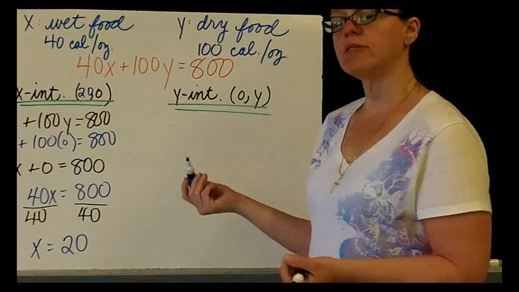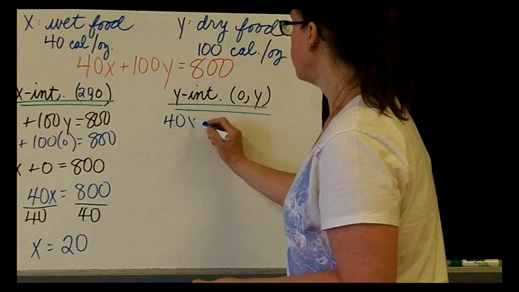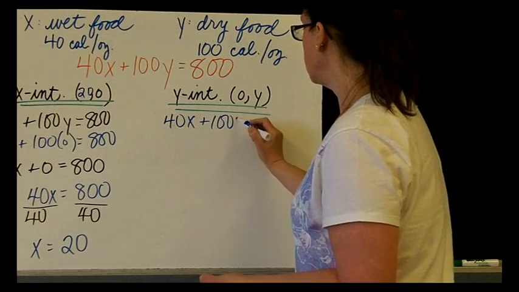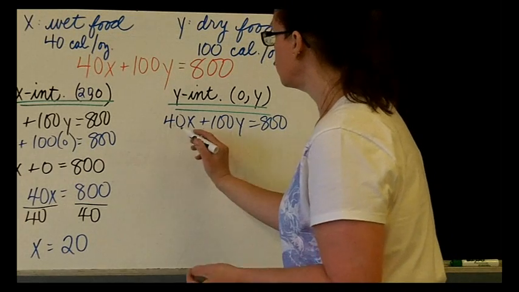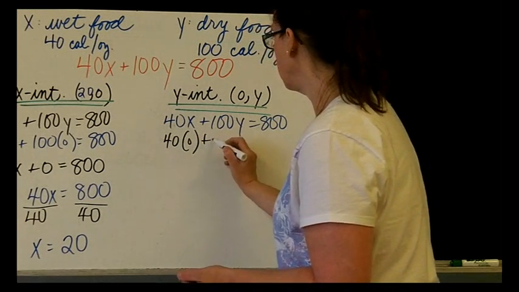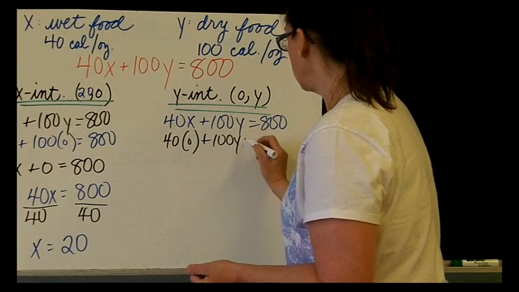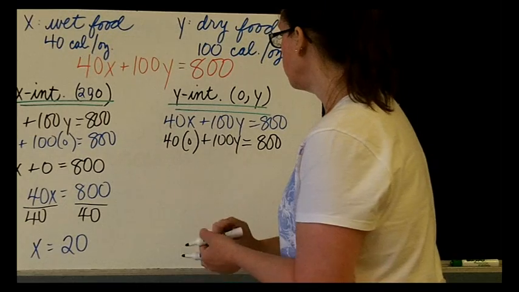And now we're going to do the same thing to solve for the y-intercept. We will rewrite our equation. And this time we're going to substitute the x with 0. We simplify.